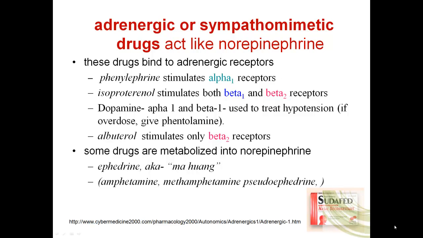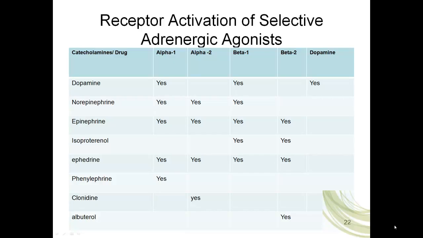Now, what do I want you to know for testing purposes? I want you to know that pseudoephedrine and these drugs cause more norepinephrine release. But if you go back to the previous slide, you'll notice that ephedrine here binds to alpha 1, alpha 2, beta 1, and beta 2.